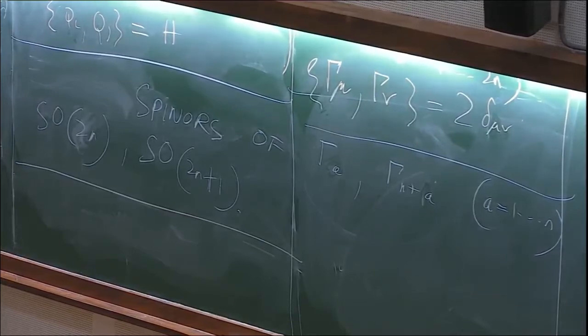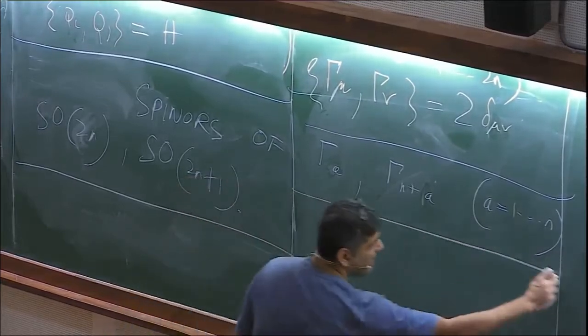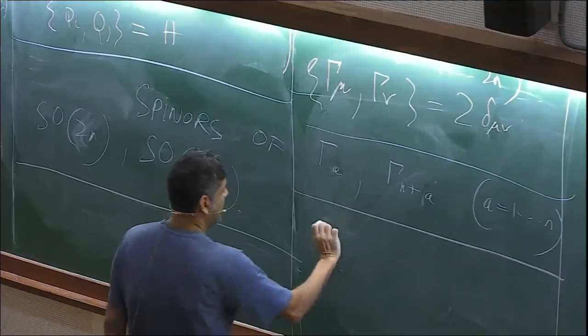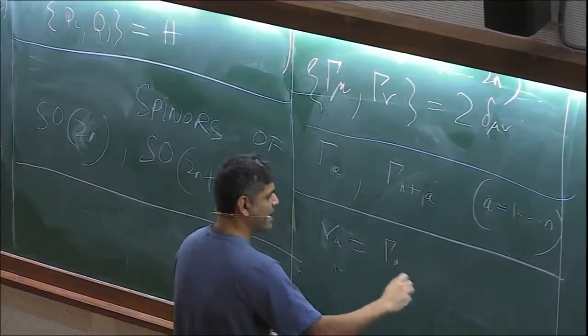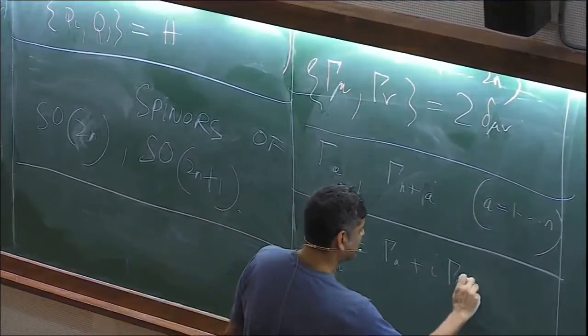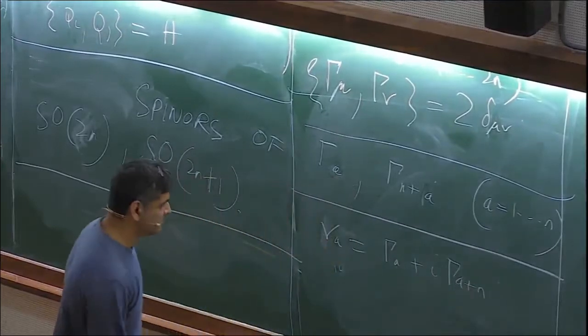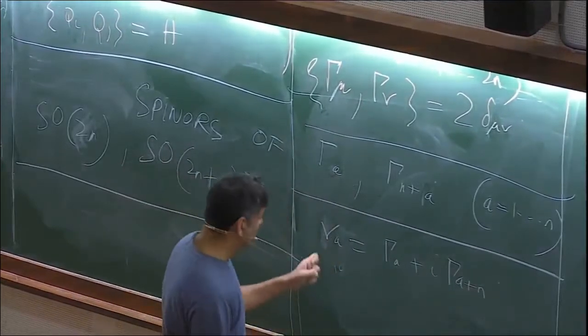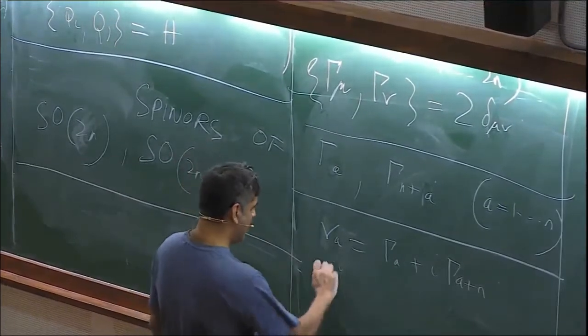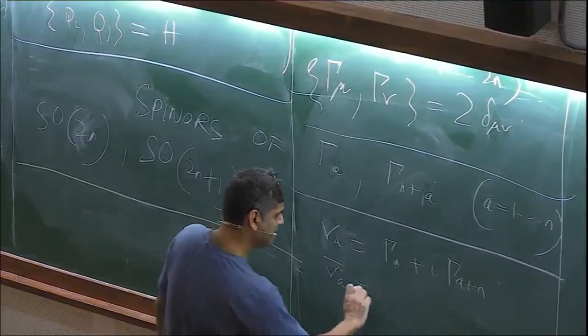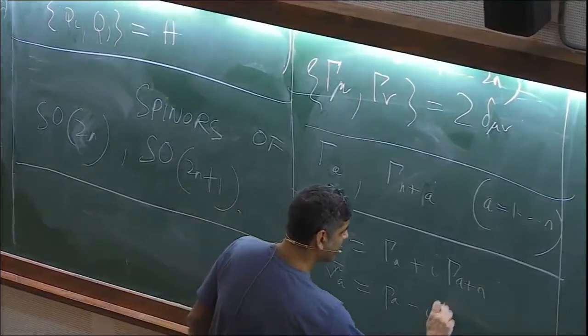And then what I do is to define gamma A is equal to gamma A plus i gamma A plus n. This is little gamma A, so it's a new matrix. Okay? And gamma A bar is equal to gamma A minus i gamma A plus n.